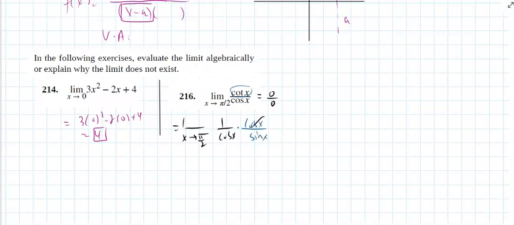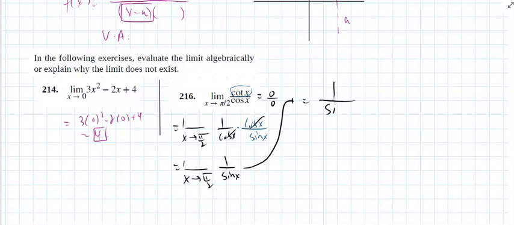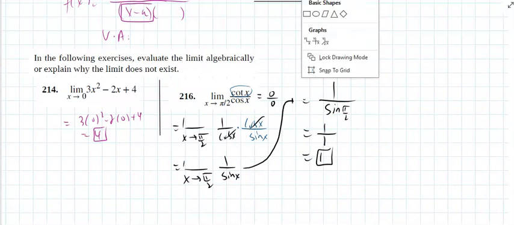Now, we know that cosines cancel out. That would be the limit as x approaches pi over 2. When you plug the value in, that would simply be 1 divided by the sine of pi over 2. And the sine of pi over 2 is 1, so that makes that limit a 1.